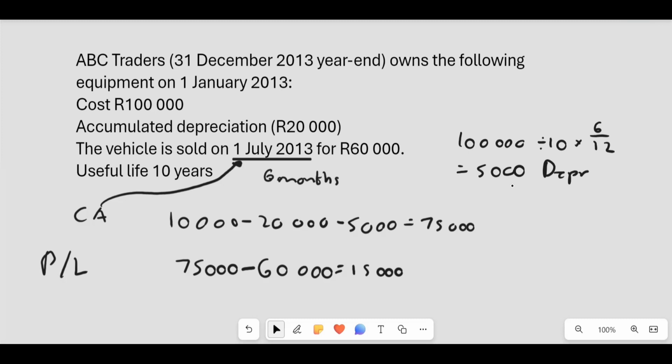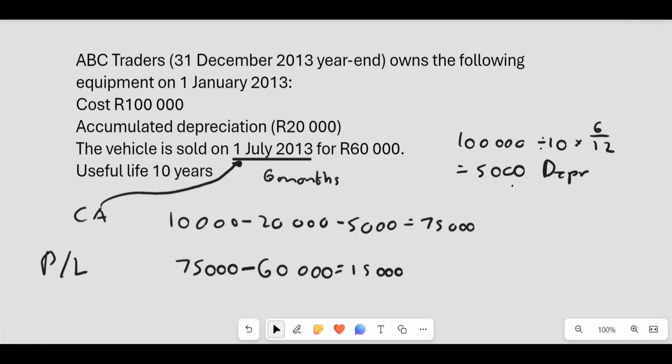So we'd recognize this loss in the P&L statement, right? So it is basic. When you sell something for less than you valued it, you are making a loss. But if you sell something for more than your value, you are making a profit.